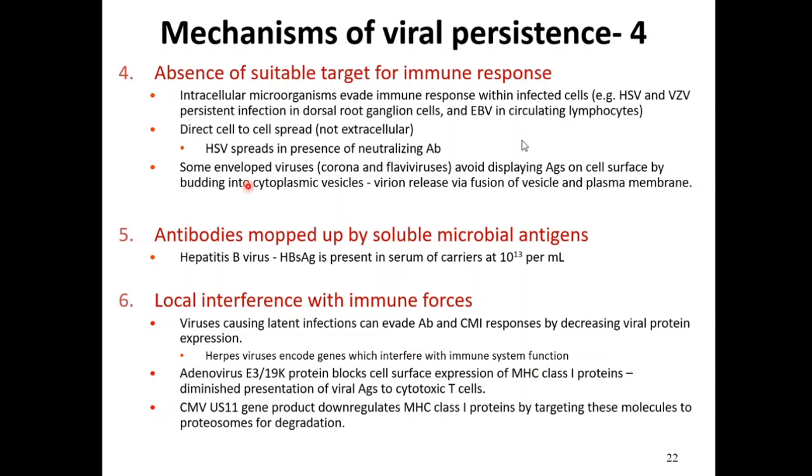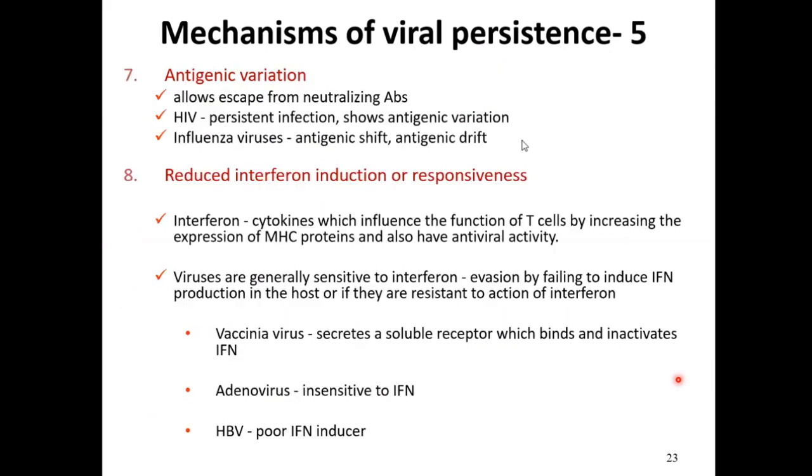So all these are the ways the viruses will be able to manage their persistent, chronic or latent states. Some can make antigenic variation, like in the case of influenza, which is well known: antigenic shift and antigenic drift, we see this.